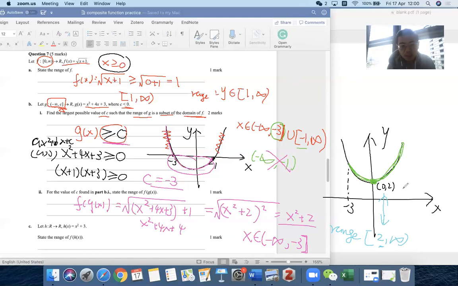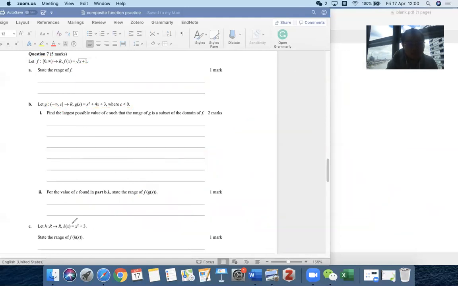Okay. And the last question is, now h(x) is x squared plus 3, and our domain is R. So we want to find the range of f(h(x)). Again, use our chain box method. So x goes to h, then we get h(x), then we get f(h(x)).